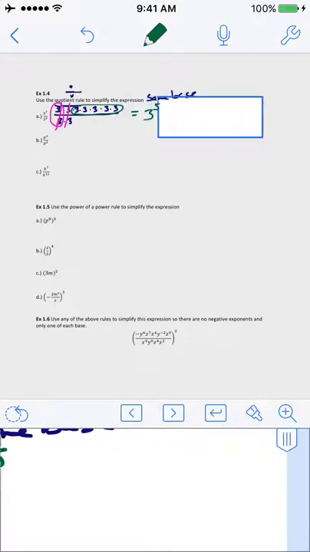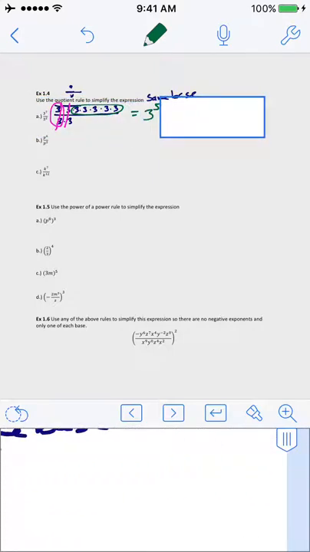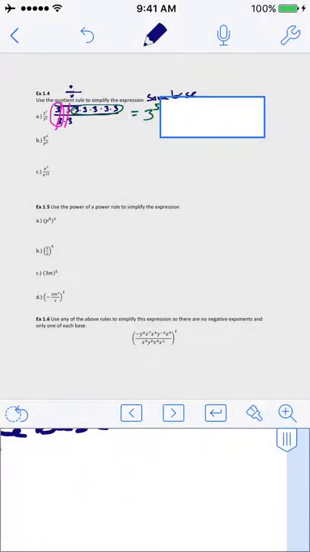The other way people think about it is, again, just a subtraction way. Just like with product rule, we strung them out, we added them together. Here, we're canceling them. Another way to think about it is taking the top value, so 3 to the 7th, and subtracting the second that we took off, right?